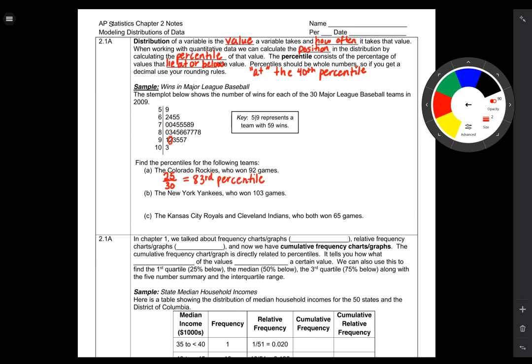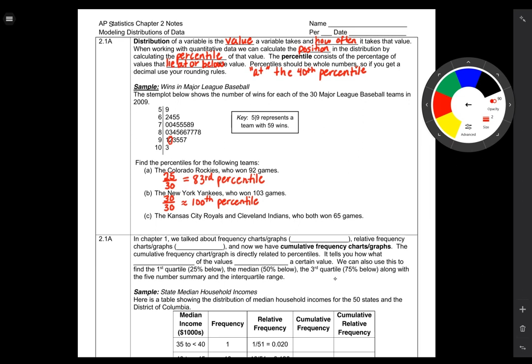The New York Yankees won 103 games. 103 is the max, so counting the New York Yankees, it's 30 out of 30 teams, so that's the 100th percentile. You only see that because of this new definition. Lastly, the Kansas City Royals and Cleveland Indians both won 65 games.